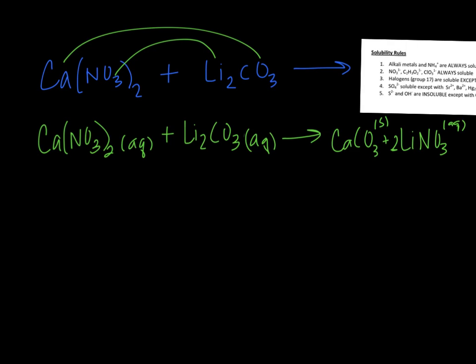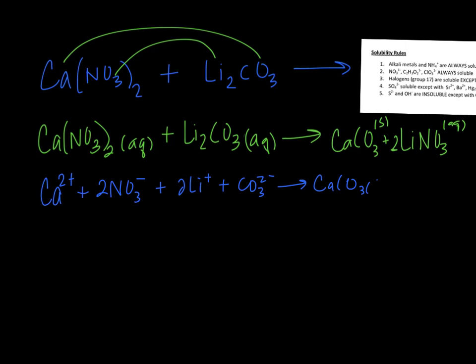So now I need my complete ionic equation. So all the aqueous ones turn into ions. So I've got a calcium ion, and I've got 2 nitrate ions, and I've got 2 lithium ions, and 1 carbonate. And then I get calcium carbonate as a solid, plus 2 lithium ions, and 2 nitrate ions.